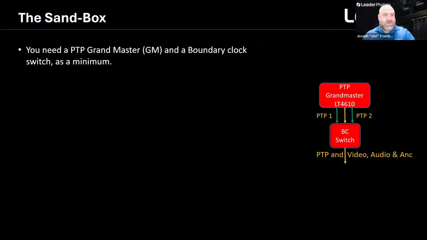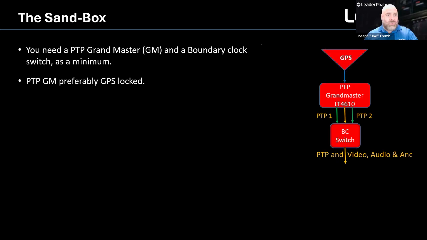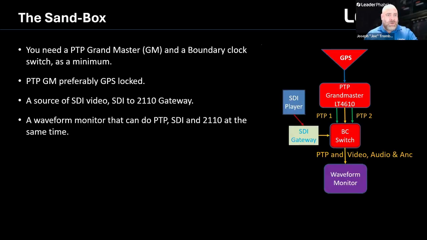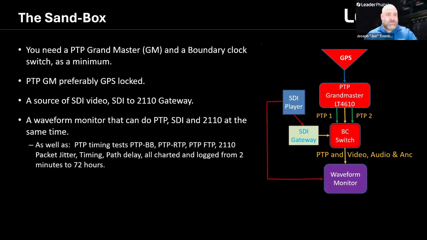So let's dive into the sandbox a little bit more. Here's how to make a sandbox more concrete. At a minimum, you need a PTP grandmaster, a boundary clock capable switch, then preferably PTP by GPS, some SDI source material with a gateway conversion, a measurement instrument that can observe PTP, SDI, and 2110 simultaneously, and a basic NMOS system.